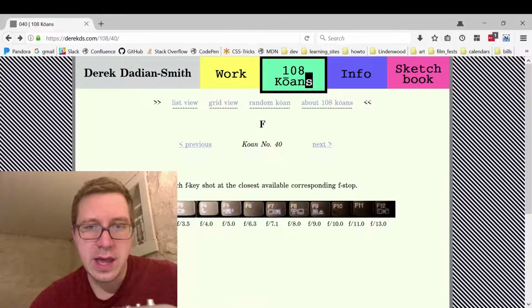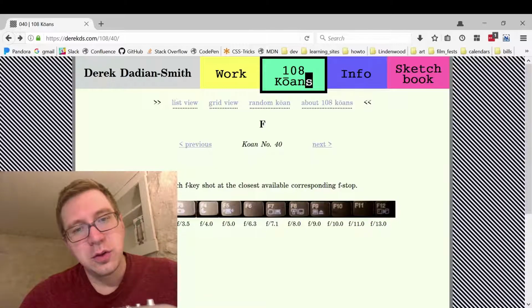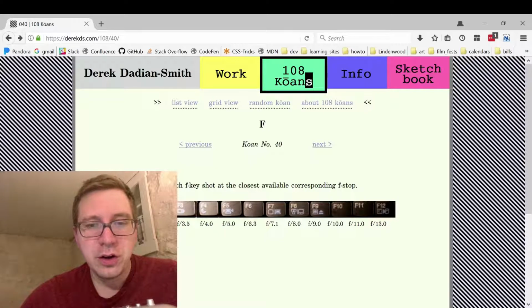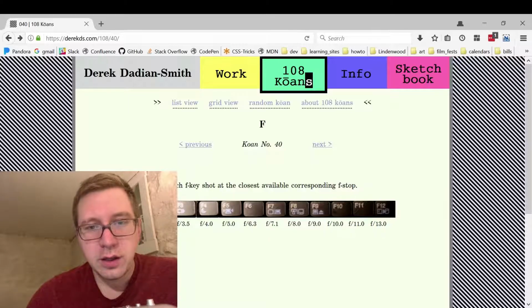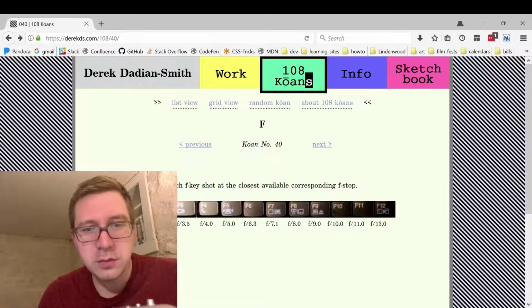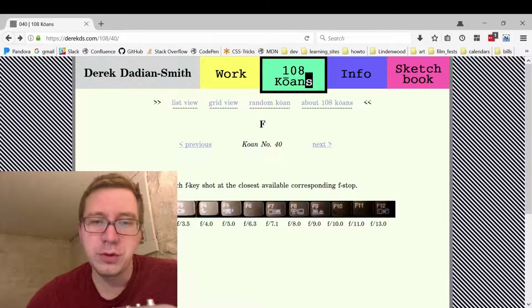Koan number 40, F. So this is very simply a play on terms. It's like computer literacy meets photographic literacy.